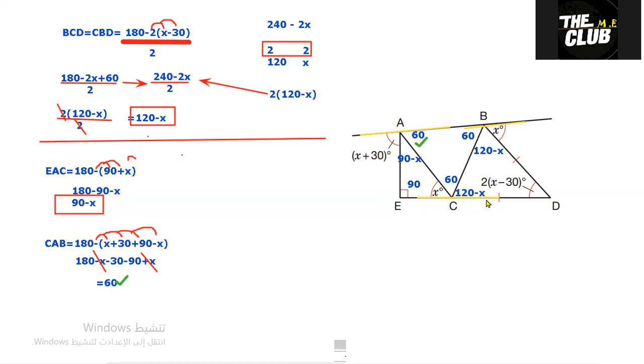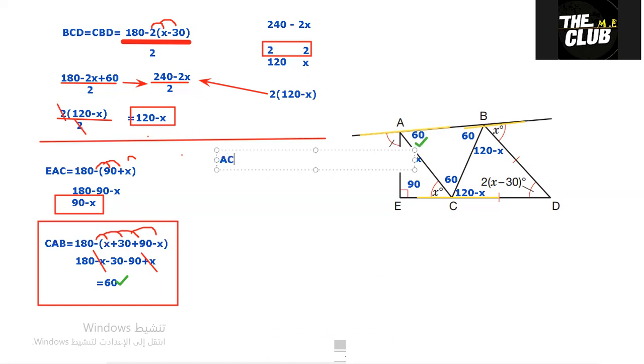Same idea, with a straight line. We'll find the angle ACB, so I'm going to write it here. Let's make a box on this so we know that we put this here. The next one is ACB, the angle at this point, equals what? Straight line means 180 minus, we put these two in a bracket, x and 120 minus x.